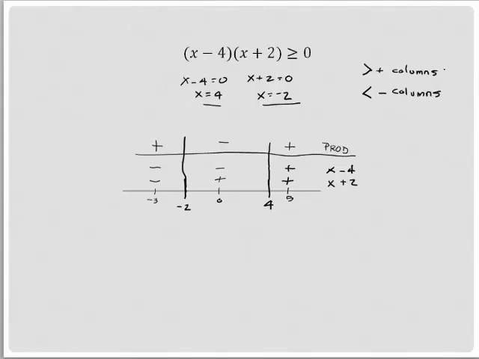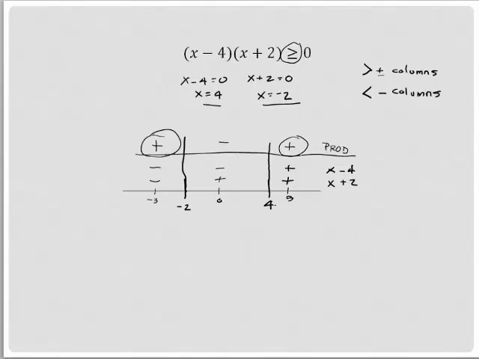Okay, now I go back to this nomenclature that I said. We have greater than or equal to. On a greater than, I want the positive columns. Okay, so I want this column and I want this column.